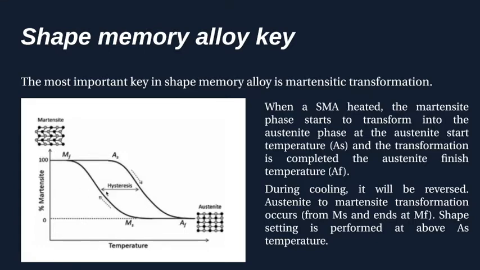So that's why when the alloy is heated, okay, the martensite starts to transform into austenite phase. Okay, so let's see here. This is the martensite. Okay, it's heated here. Go to the austenite phase. Okay, and then it will transform, going here, and then finish here, become austenite.